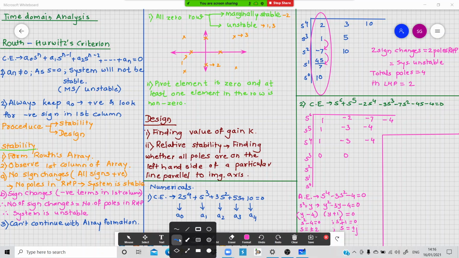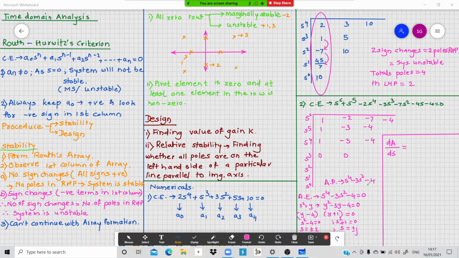See, now whatever your auxiliary equation is, you are supposed to differentiate it, that is dA by ds. Not auxiliary equation, I should say auxiliary polynomial, you are supposed to differentiate. Your auxiliary polynomial is s raised to 4 minus 3s square minus 4.